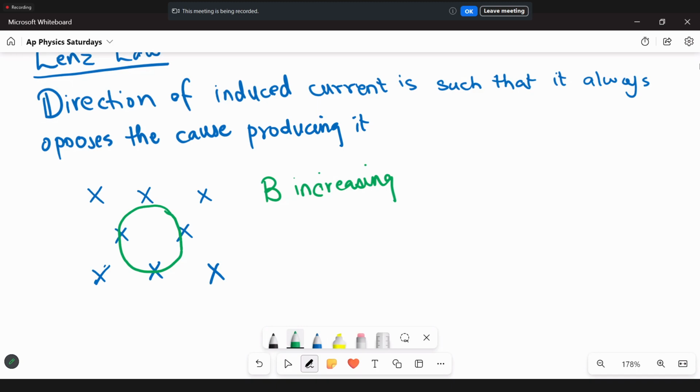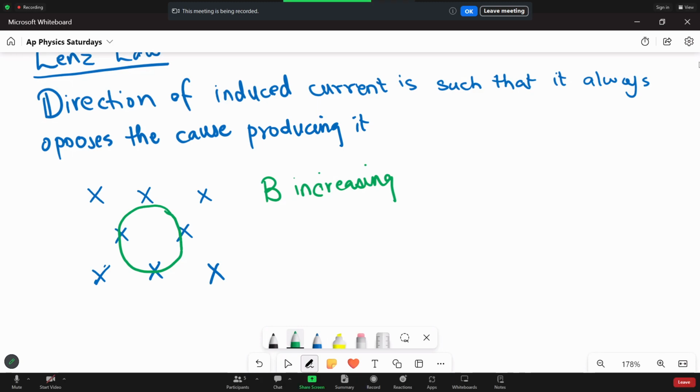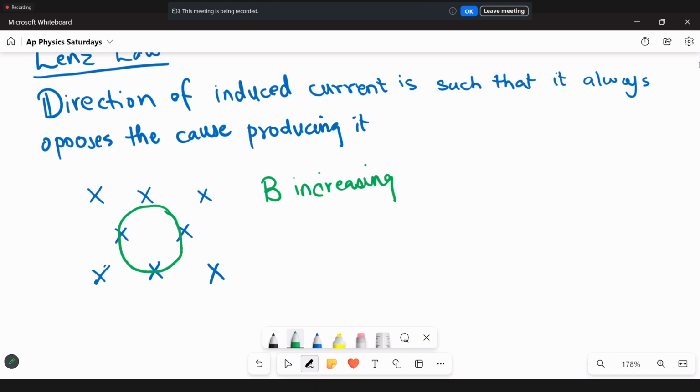This cross means it is going inside the screen. Now I am saying that the magnetic field is increasing. This, what I wrote in green color, is in the question. You are supposed to tell me what will be the direction of the current. Will it be clockwise or anti-clockwise?